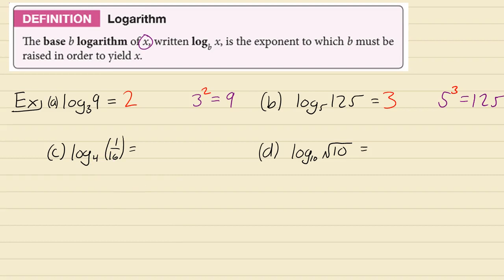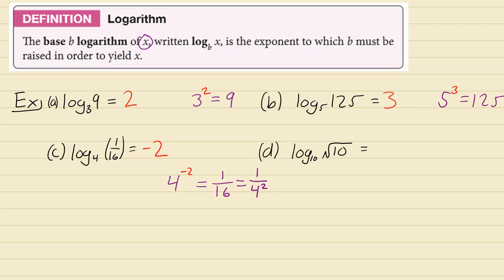So here it's a little bit trickier. We want to see the base is 4, so that means the base of the exponent should be 4. What should the exponent be to get a result of 1 over 16? Well, this is the same as 1 over 4 to the power 2, so that means the exponent here could be negative 2, because 4 to the power negative 2 means 1 over 4 to the power 2.